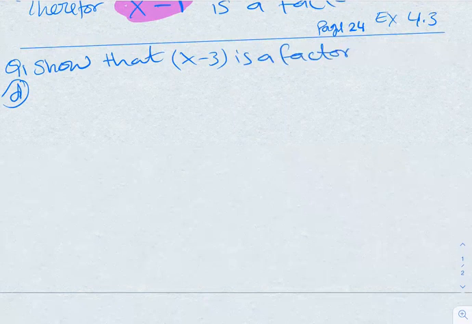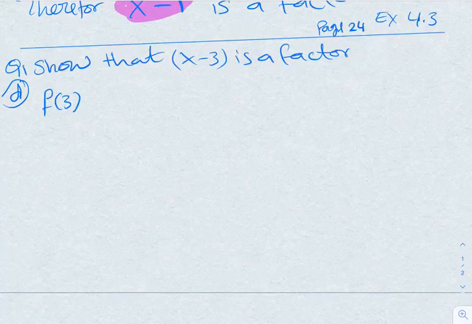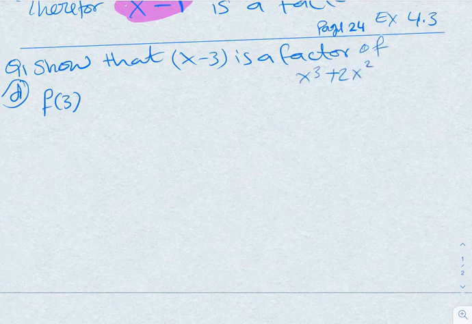Even in this type of question, when they say show it is a factor, because it's x minus 3, immediately I will substitute f of 3, because this x minus 3 is like the opposite of what we put in A. So I will try f of 3. If this equals 0, I will say, okay, therefore x minus 3 is a factor of x cubed plus 2x squared minus 9x minus 18, right?